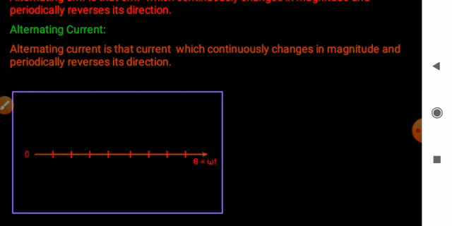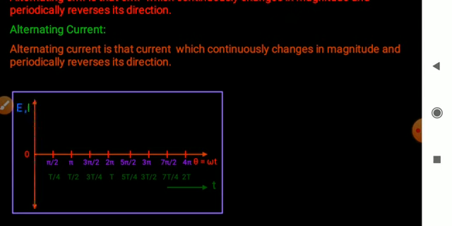Here on the x-axis, theta equal to omega t, which is given by pi by 2, pi, 3 pi by 2, 2 pi, 5 pi by 2, and t equal to T by 4, T by 2, 3T by 4, T up to 2T. And on the y-axis, E and I.